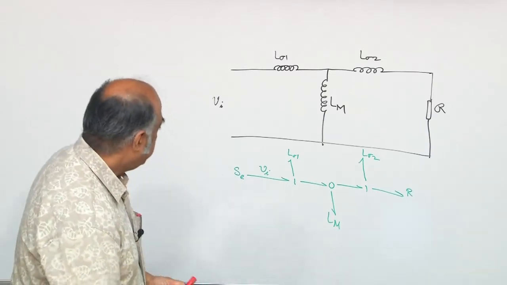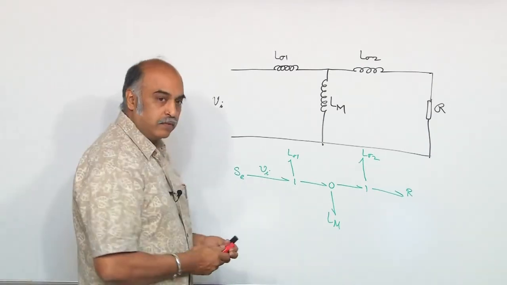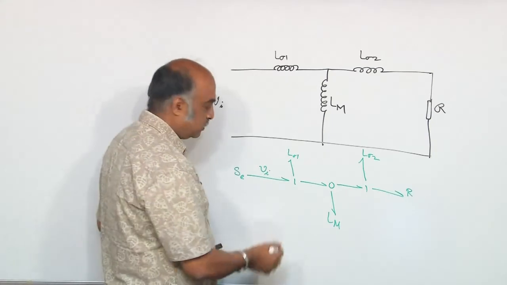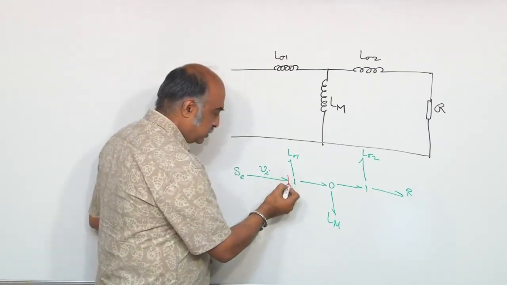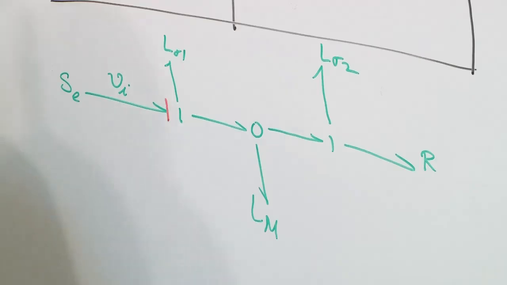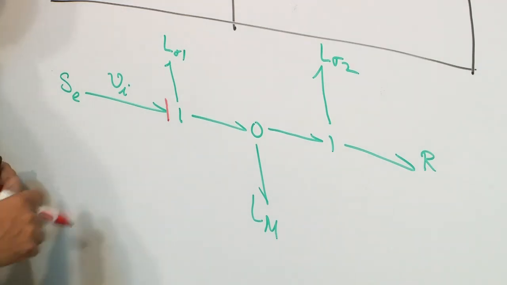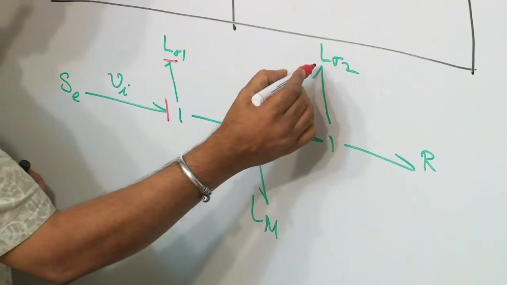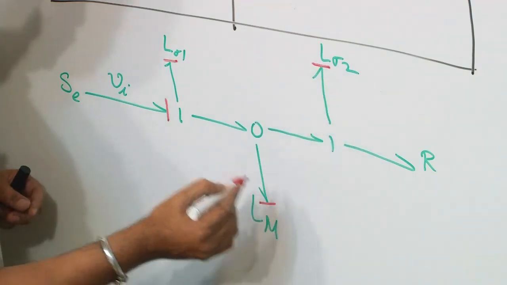Okay. Now, causality, how will I do that? First the source, I will put that. Next, which one I will do? Should I put it like that, like that, like that?